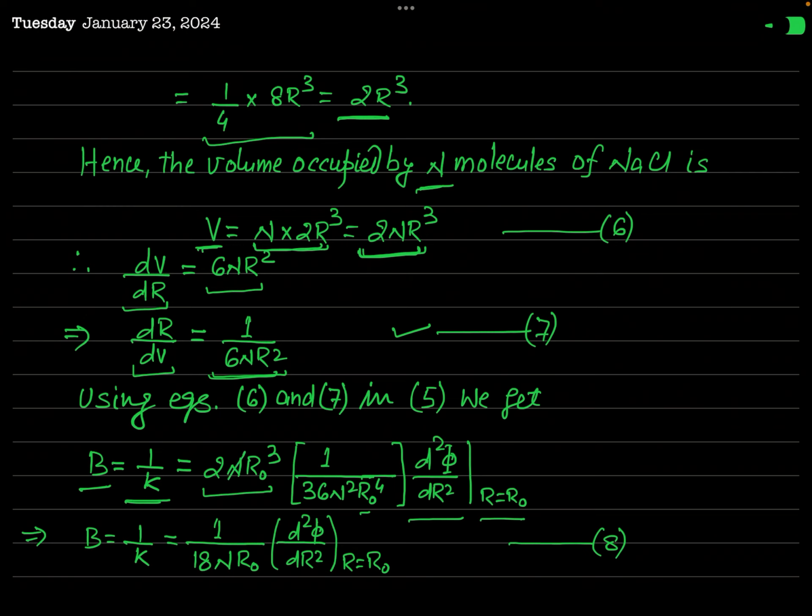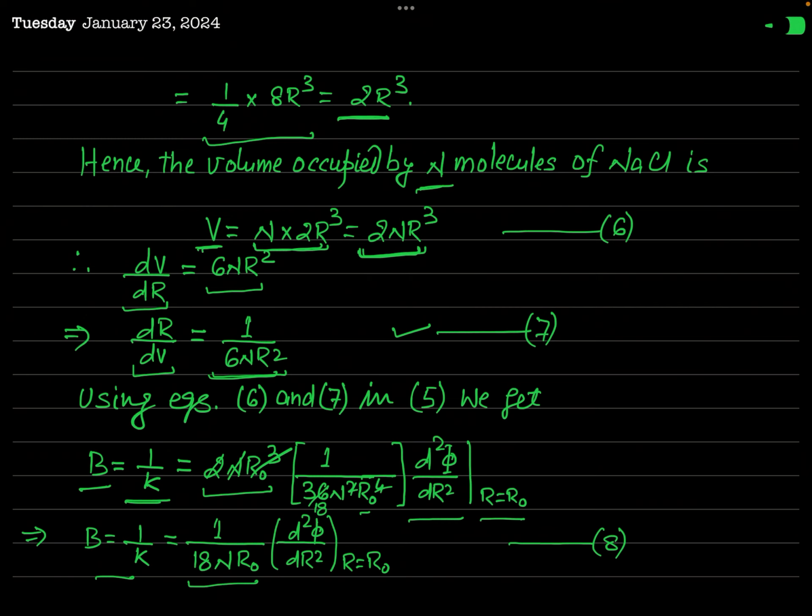One of the n will cancel out, and 2 will cancel out. Here there will be 18, and this R naught cube will cancel out, and in the denominator there will be only R naught. So B or 1 over K is equal to 1 over 18n R naught times d2 phi by dr square at R equal to R naught.